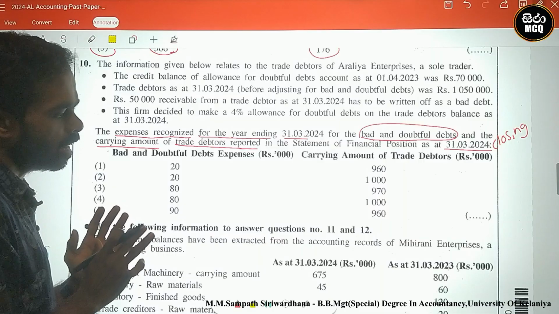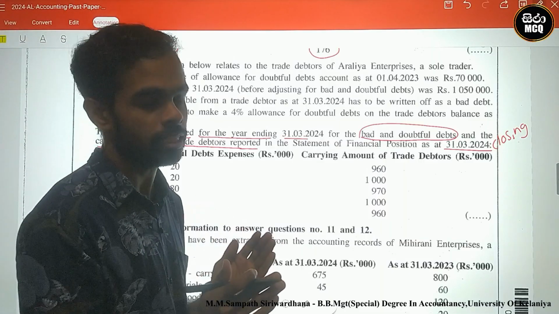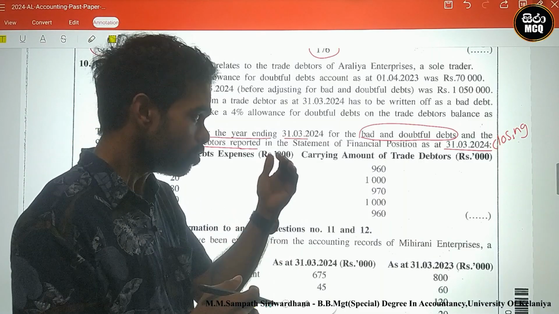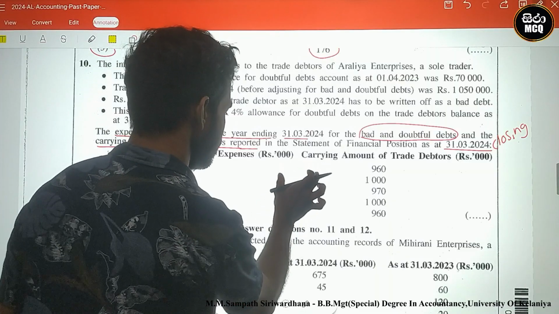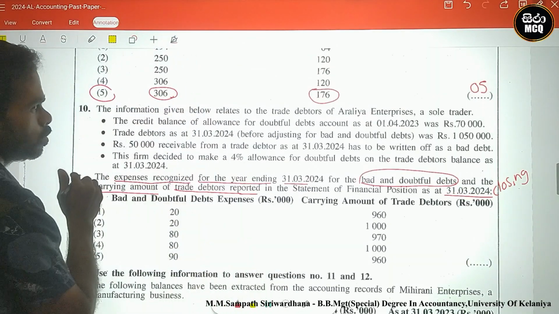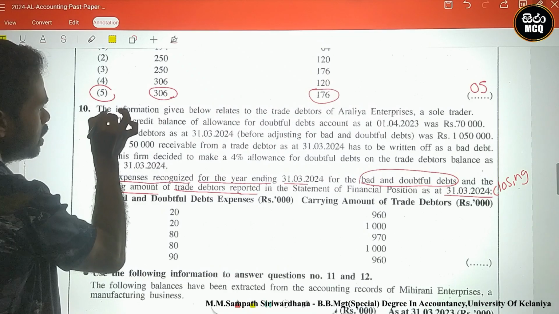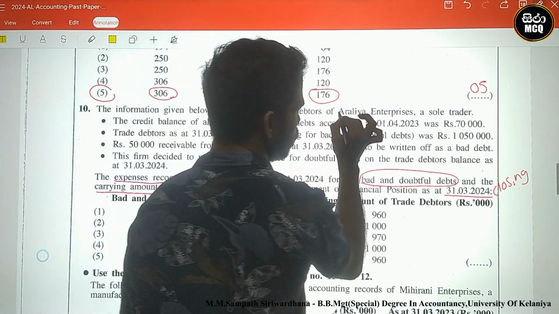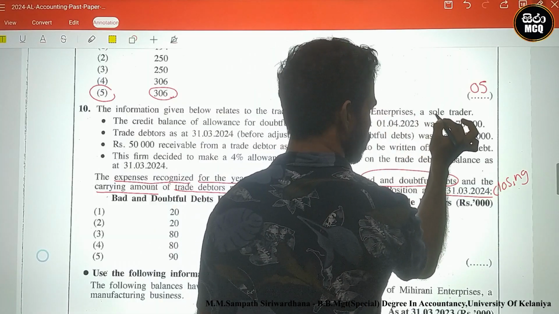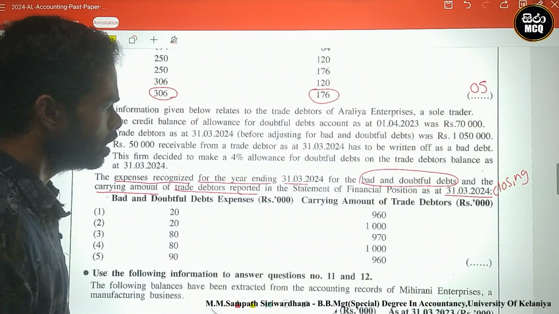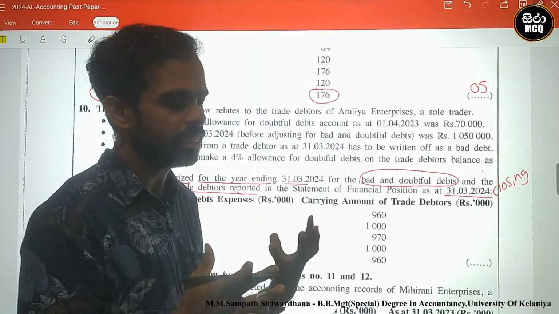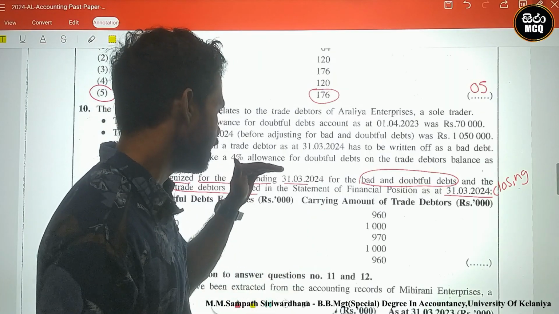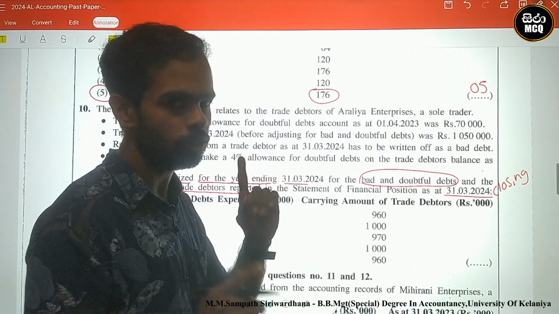This time I use T accounts, ledger accounts, to find the answers. The information given below relates to trade debtors of Arali Enterprises, a sole trader. Our current accounting period is ending 31st March 2024.